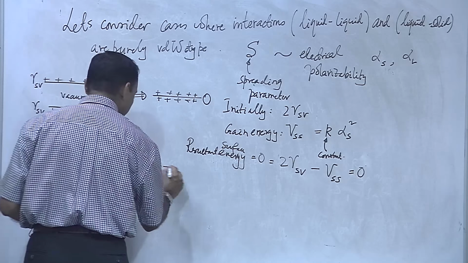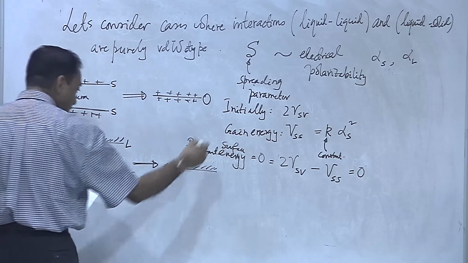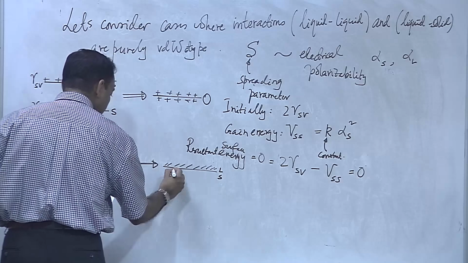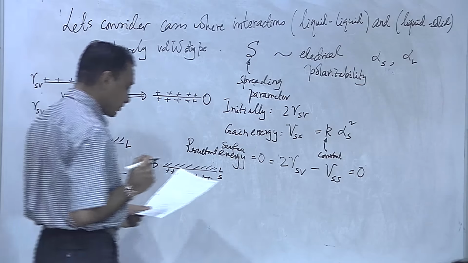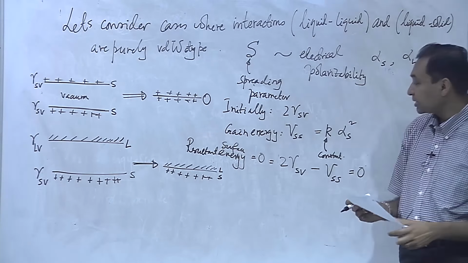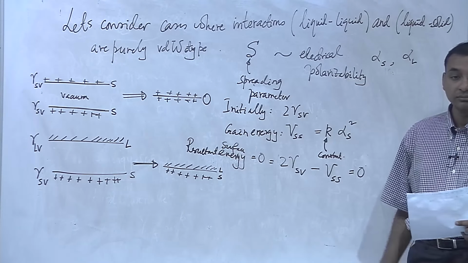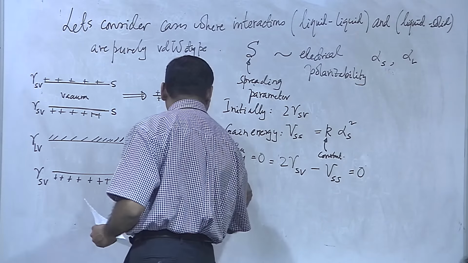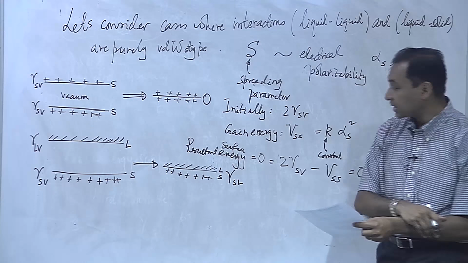So, you will have a liquid denoted by this kind of line, a liquid and a solid here, and we can do the same thing. What is the resultant surface energy when I bring them together? It will be the gamma SL. Okay. So, that is the resultant energy.